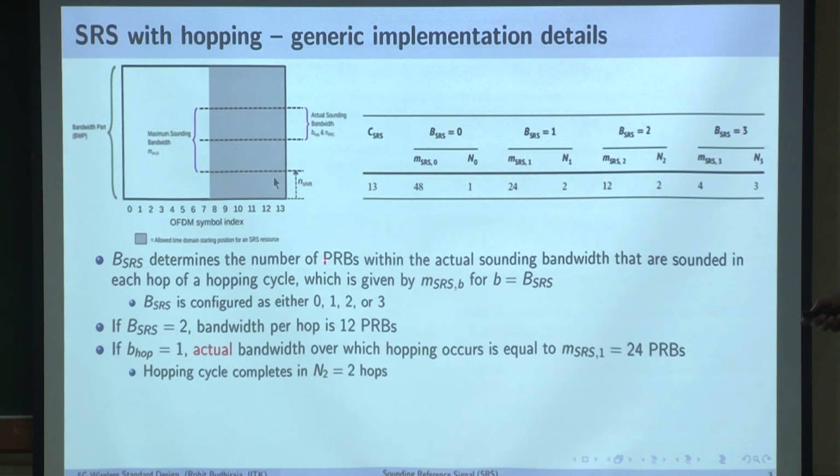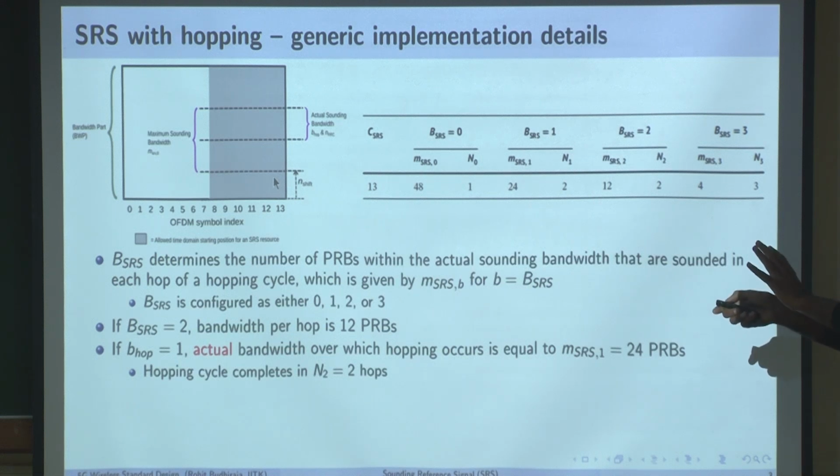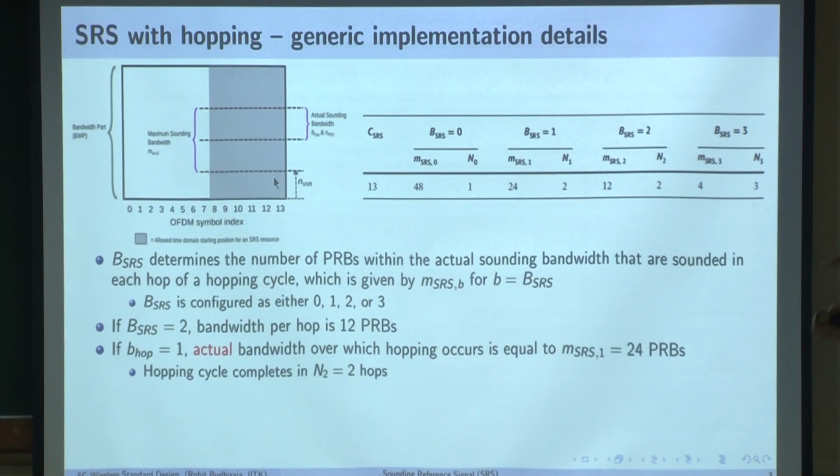BSRS determines the number of PRBs within the actual sounding bandwidth. Actual sounding bandwidth is 24 PRBs, this is actual, not the maximum. There is maximum, there is actual, then in that actual, how much is sounded out in each hop? That is decided by BSRS.